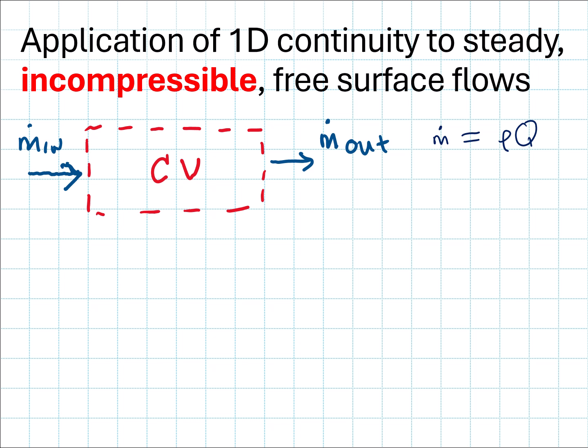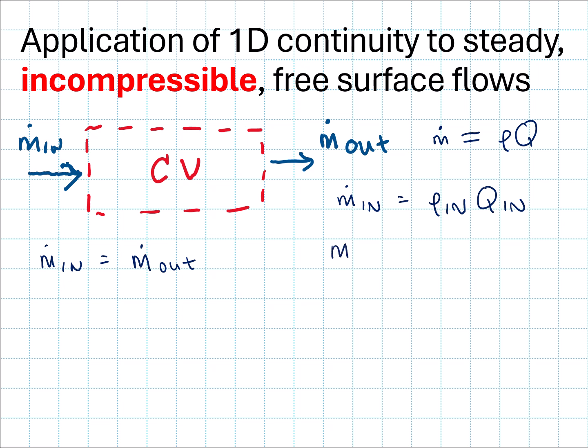So when I apply 1D continuity to a steady incompressible flow through my control volume, we've already discussed that this is going to be m dot in equals m dot out. And if I think about how I can express my mass flux coming in, well, it's going to be the density of my fluid coming into the control volume multiplied by the volumetric flow rate coming into the control volume.